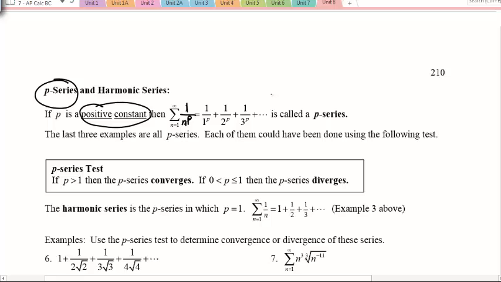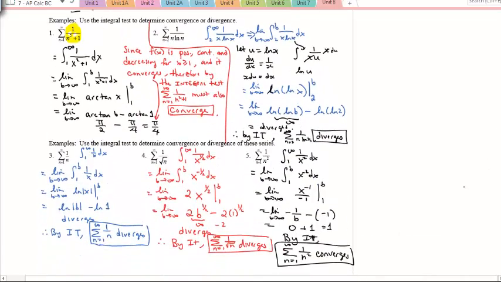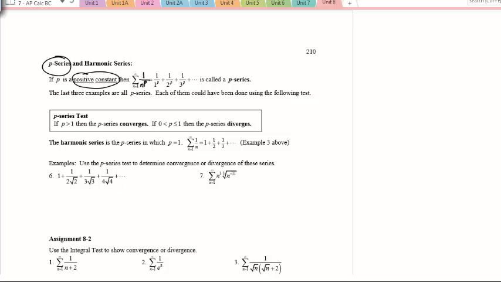And the last three examples we did are all called P-series because it always had n to some power of p. If you look back, in example number 3, the power of p was 1. In number 4, the power of p was 1/2, and in number 5, the power of p was 2.